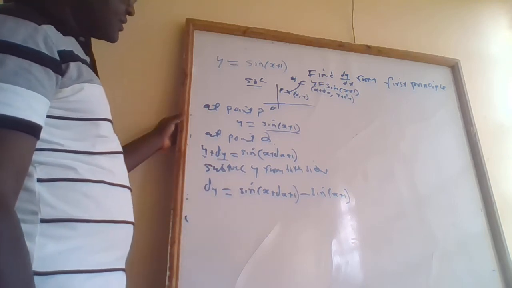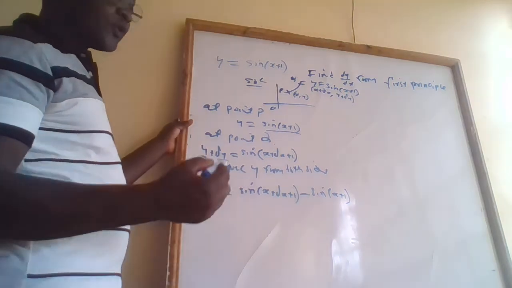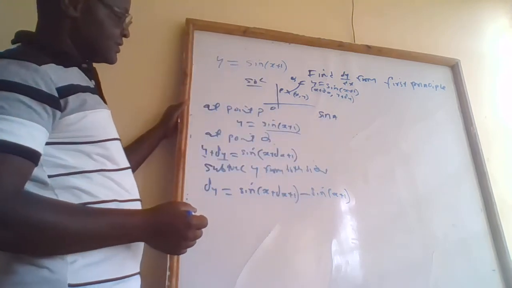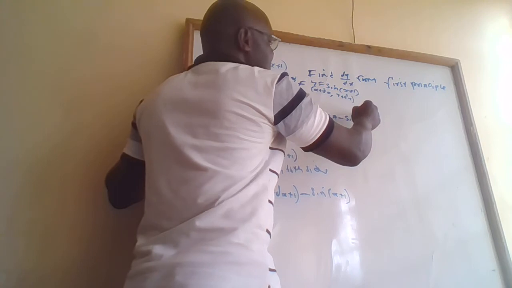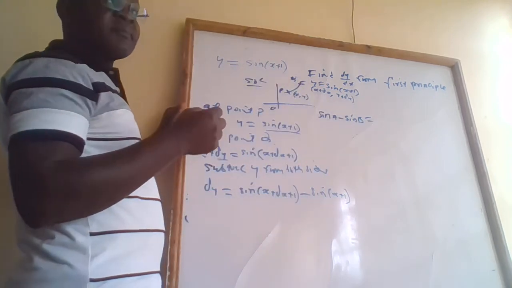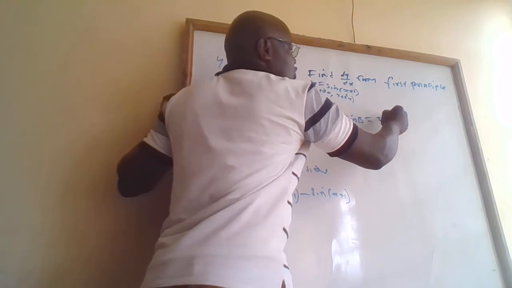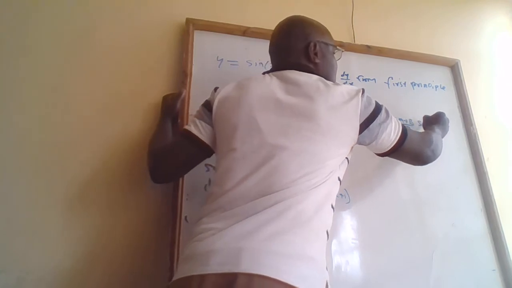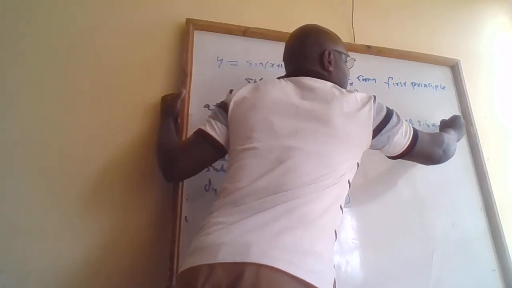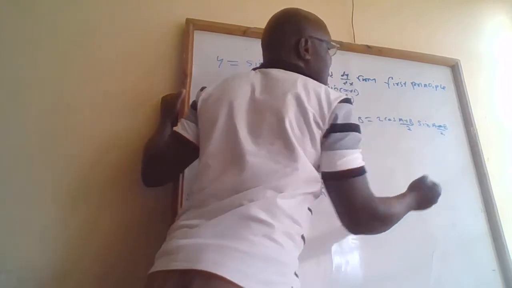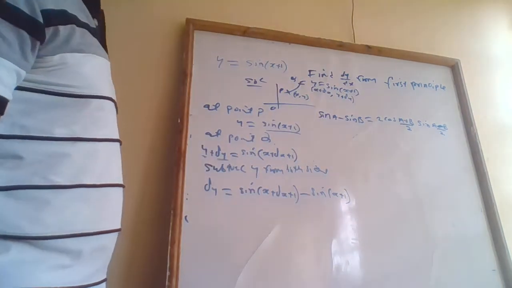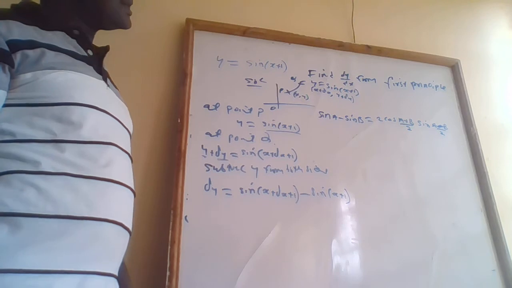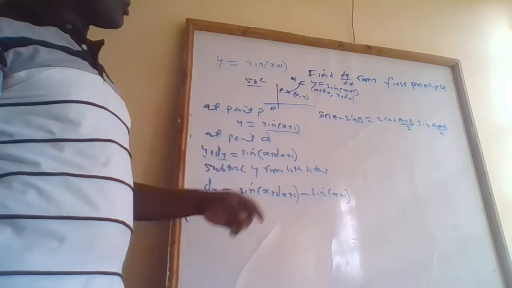Now after subtracting this, we know that sine A minus sine B is given by 2 cos of (A plus B) over 2, sine of (A minus B) over 2.